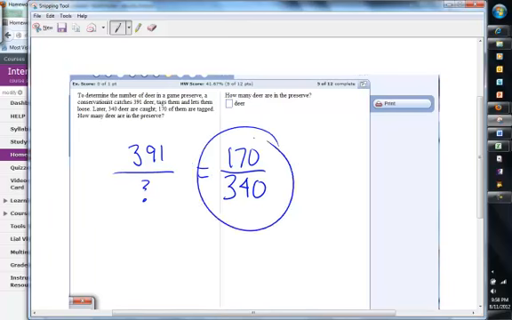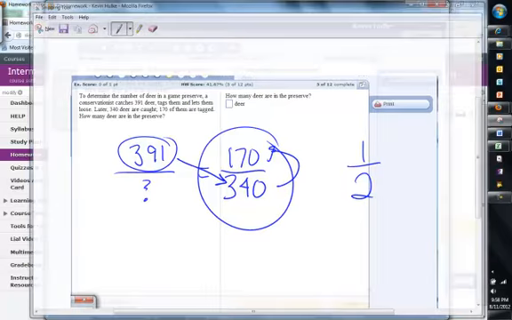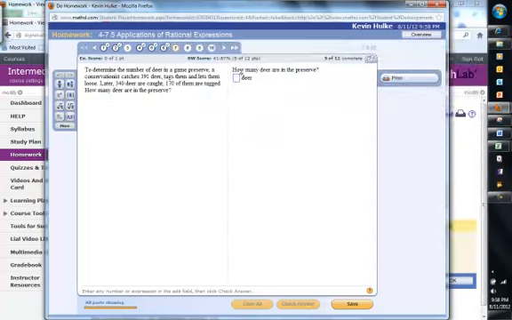If you just look at this side, it appears as though half the deer have tags. So if 391 have tags, then there must be twice that many deer. Here's how you calculate it. Cross multiply and divide. 391 times 340 divided by 170 is 782 deer in the preserve.